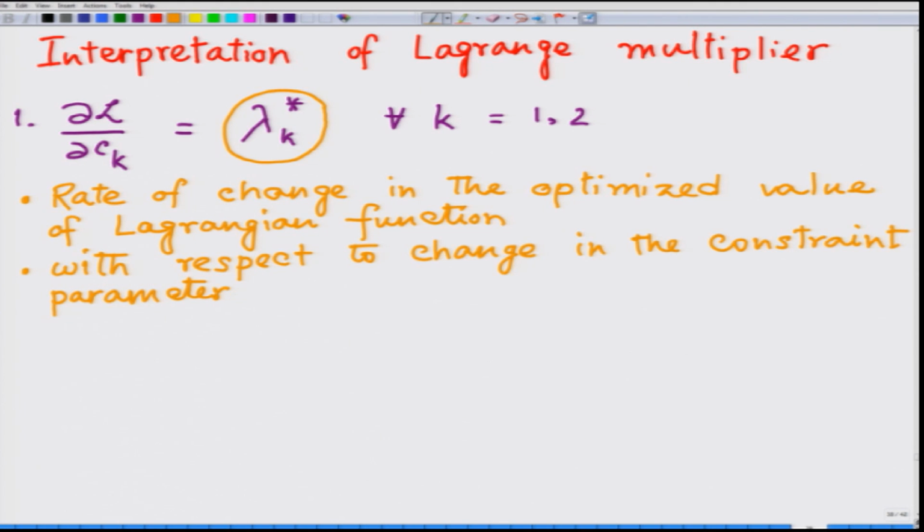Now, let us look at the second approach to interpret the Lagrange multiplier, and for that let us remember the discussion that we had earlier, that the optimized values of the decision variables, in this case x1 star and x2 star, are functions of the parameters in the model. So, if you change the parameter value, then it will have an impact on the optimized values of the choice variables.